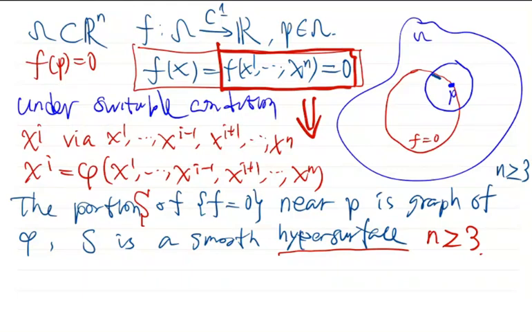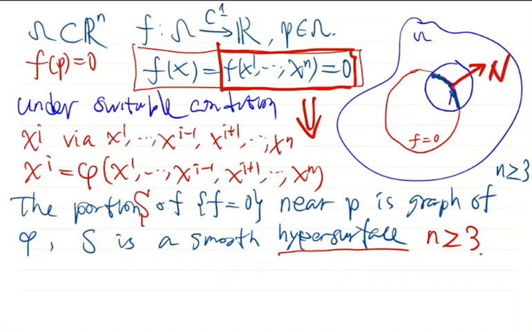So we want to find the normal vector of the hypersurface. So here is the S. S is this part. This is S, part of f equal to 0 near the point P, and the normal vector perpendicular to this surface n.